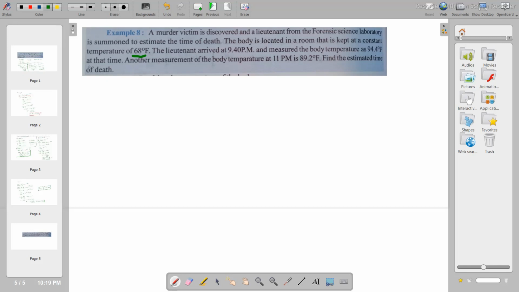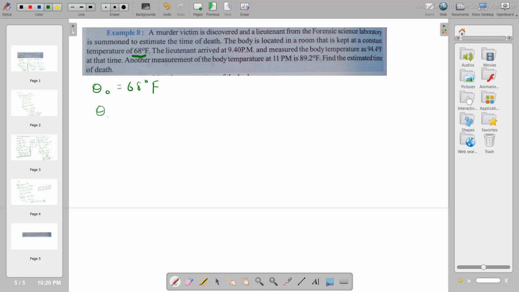So what are the data we have? First of all, we have theta naught, that is 68 degrees Fahrenheit. The lieutenant arrived at 9:40 p.m. and measured the body temperature as 94.4 degrees Fahrenheit.